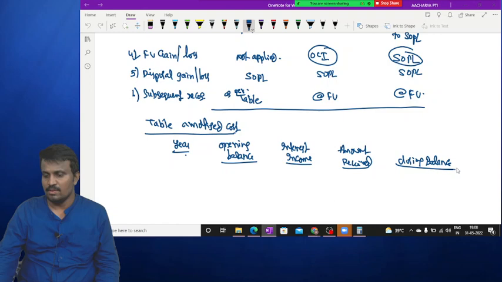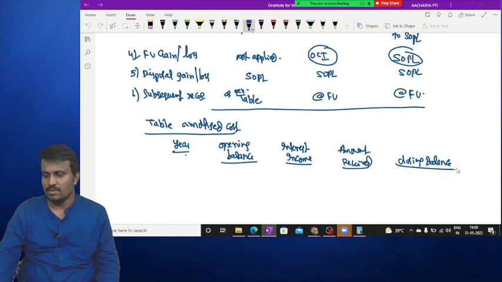But remember, coupon rate is always applied on the face value or par value, but the effective rate of interest is always applied on the investment, meaning on this amount.